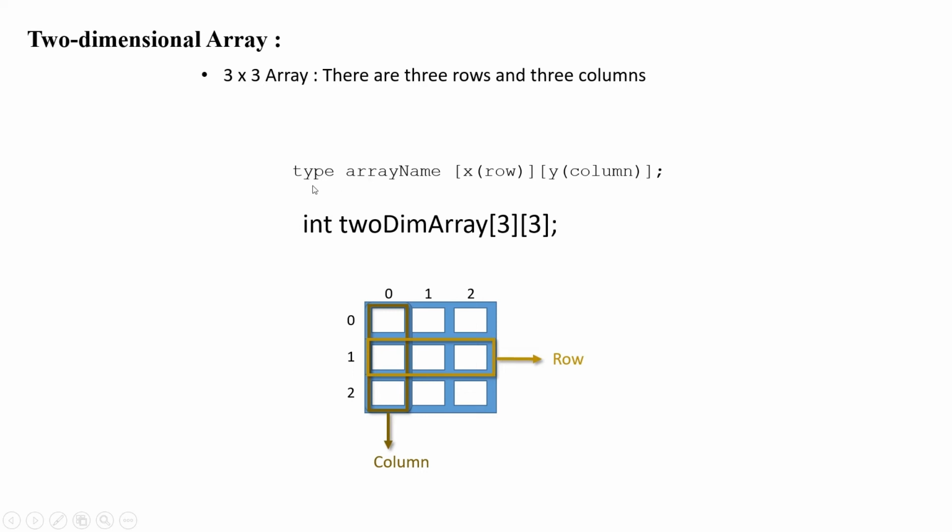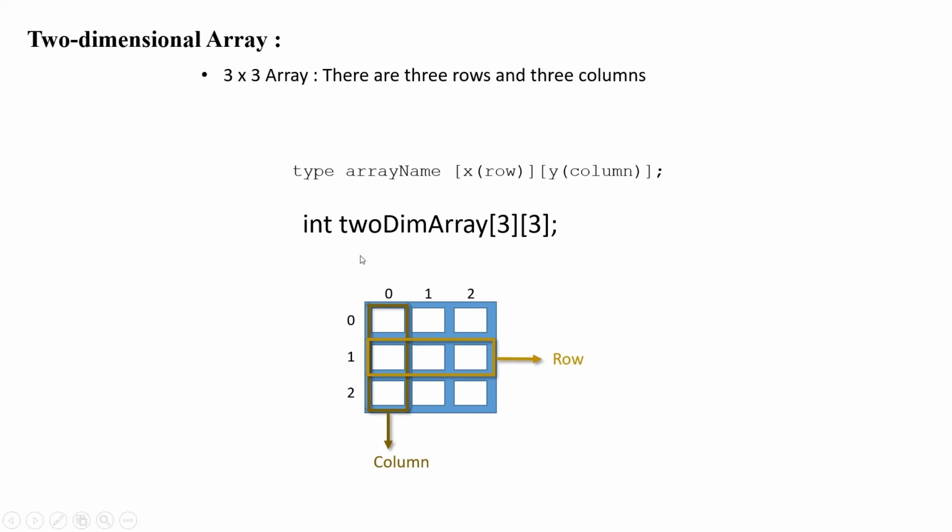So here is how we declare a two dimensional array. First is the data type, then the array name, then the x value in the first square bracket, which corresponds to the number of rows in your array, and the second y value in the second square bracket, which corresponds to the number of columns in your array.